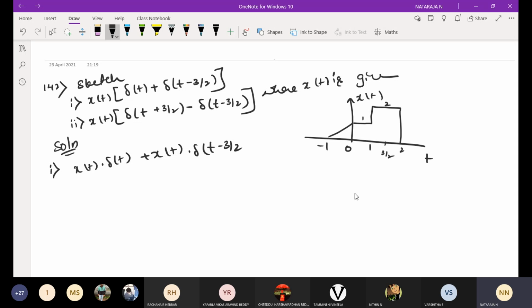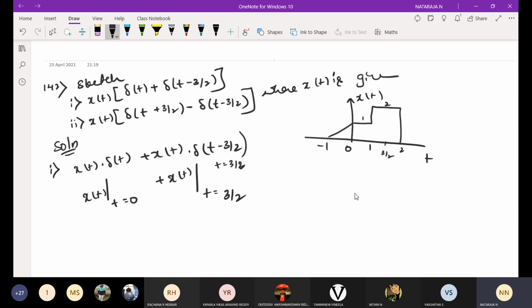If it is delta of t, it means it is 0, where x of t at t is equal to 0. Then we have x of t where t minus 3 by 2 is equal to 0, so t is equal to 3 by 2. Why? Because this is a delta function, so it will not be a continuous signal. So we will have delta of t at t is equal to 0.